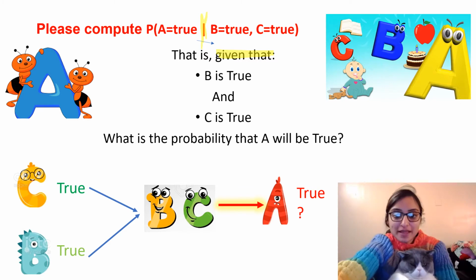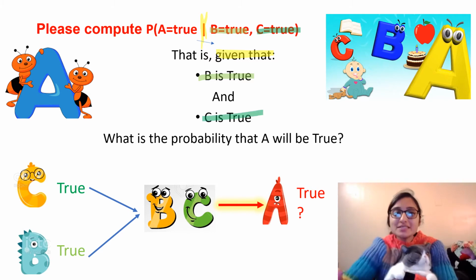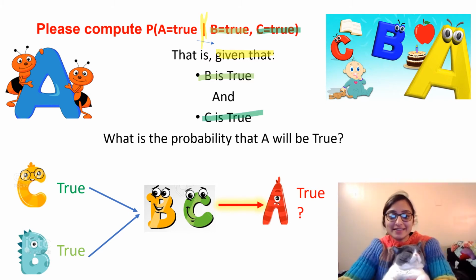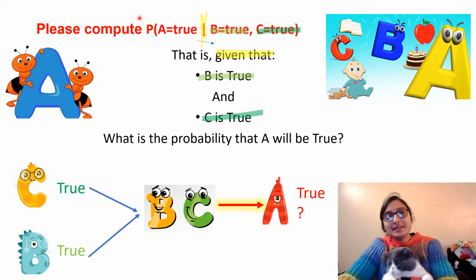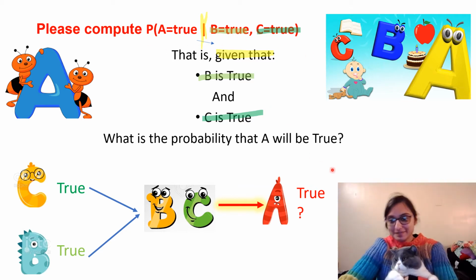If we know that B is true and that C is true, what is the conditional probability that A will also be true? That's what we want to find here. And here we have multiple; we don't just have one. We have B and C being true.